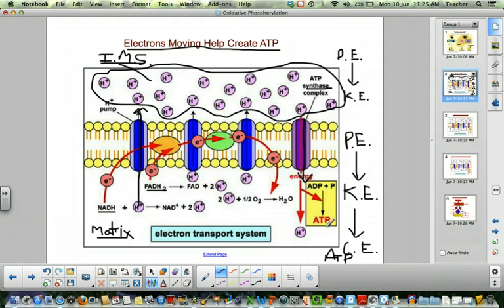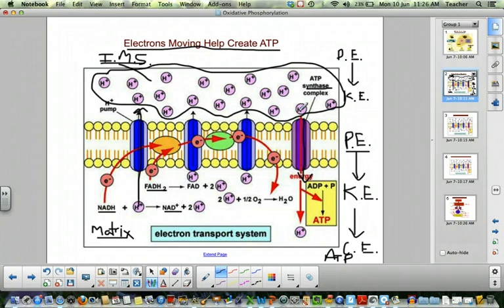Okay, so the key to take away from this is that these electrons are released. Okay, so NADH is oxidized back into NAD+. And in the process of doing that, protons are pumped into the intermembrane space, which creates potential energy.